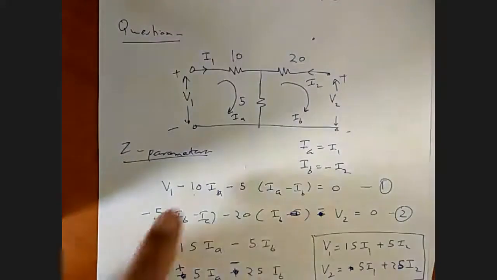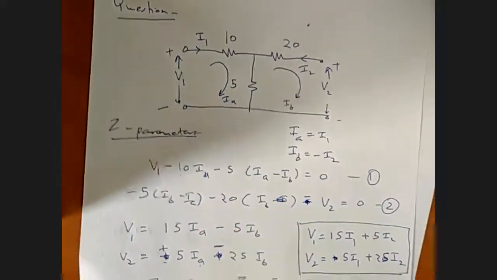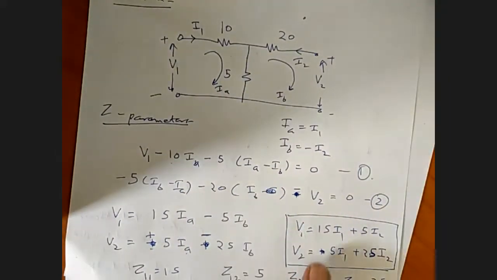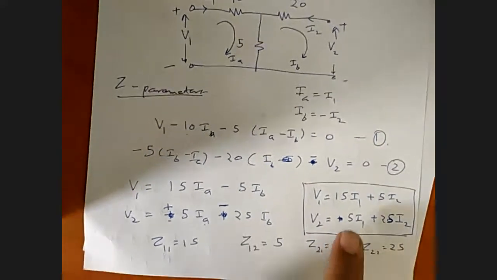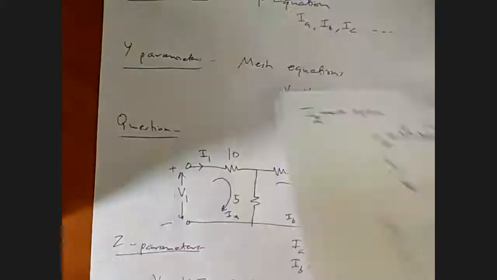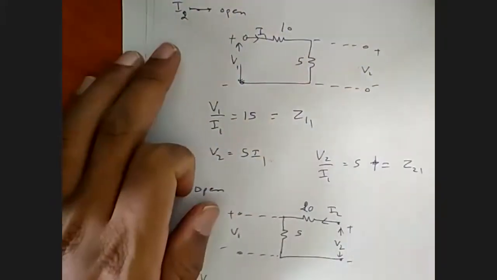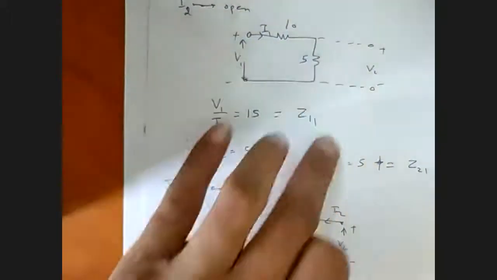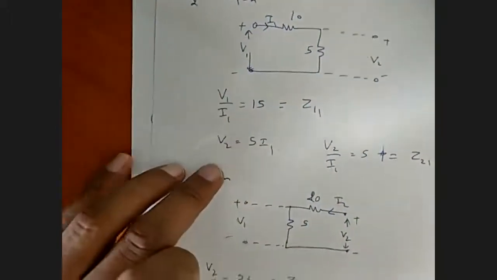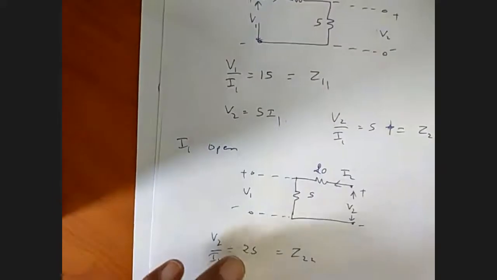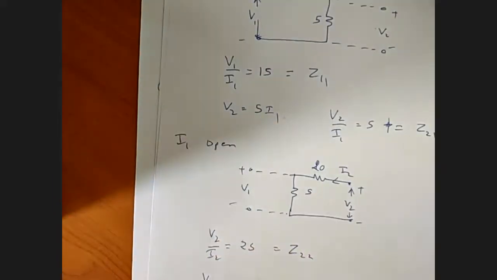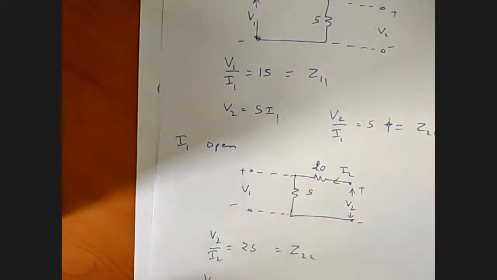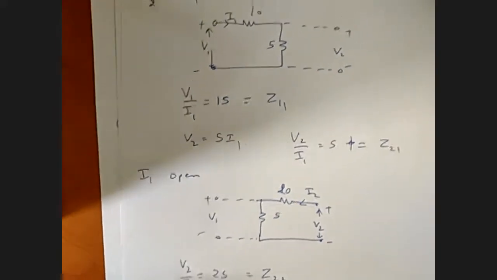You can write the equation and convert these equations in terms of your standard equation, and with the standard equation you find out your parameters, or you can use directly I2 as open, then solve the circuit and find two parameters, and I1 open, and then you will find two parameters. These are the two methods. So this is how we will be solving and finding Z parameters for the network.